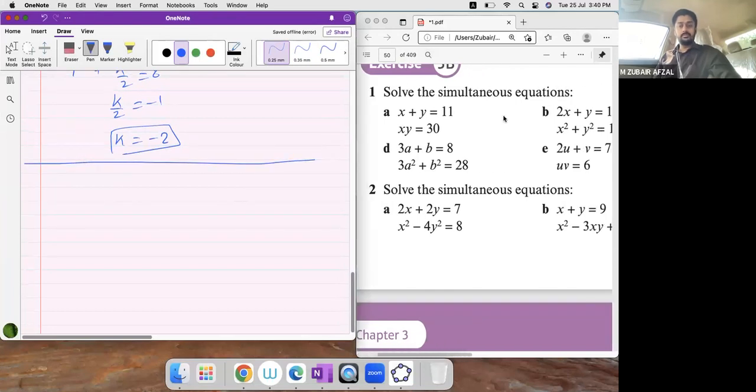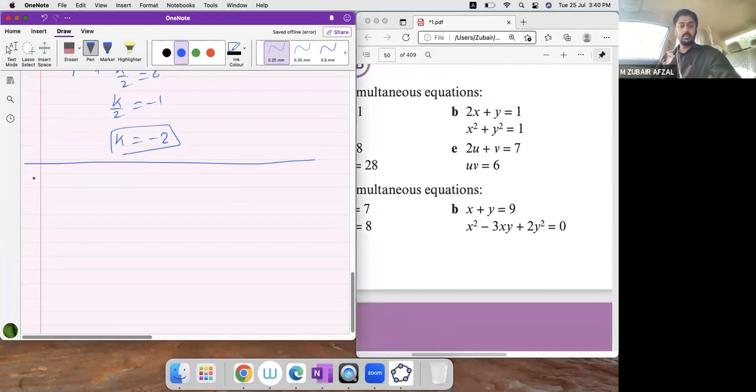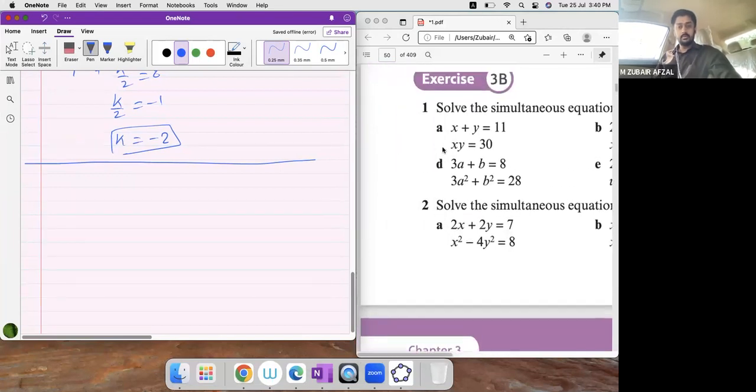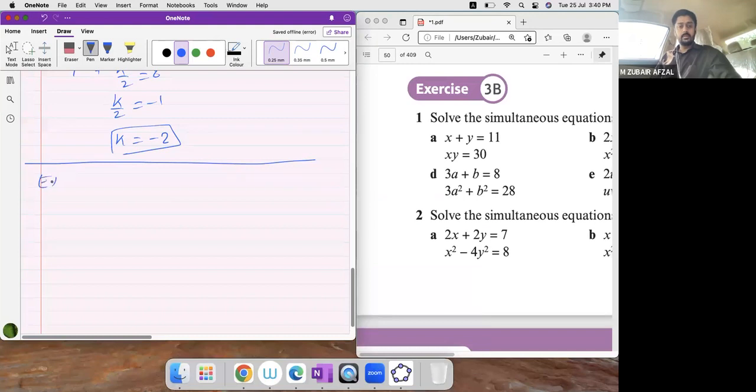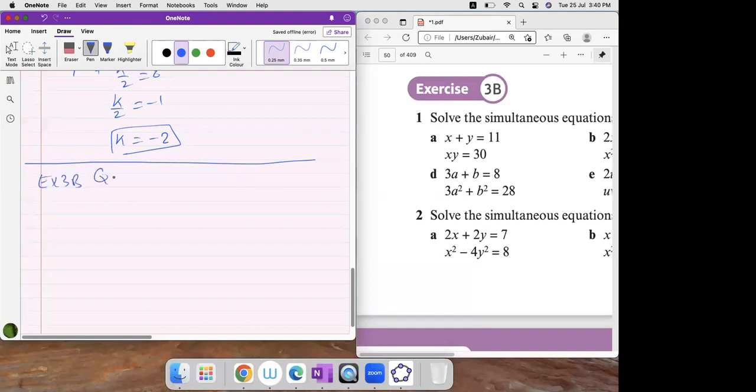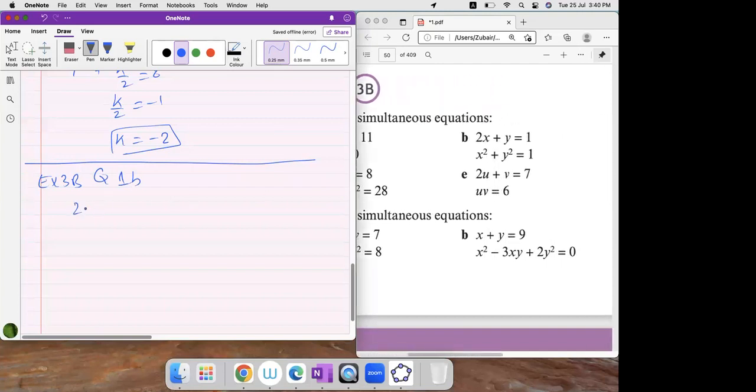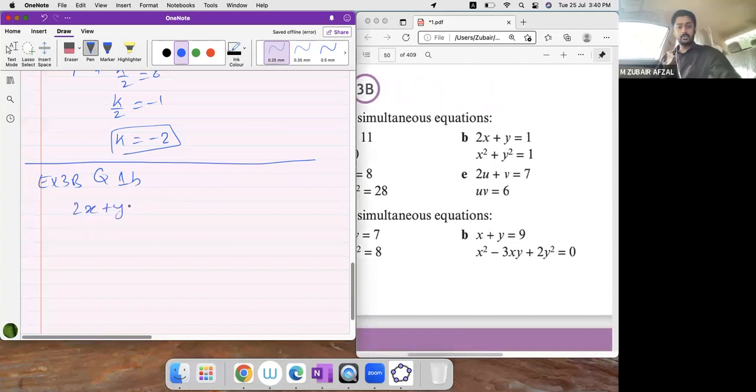Let's see. It is 2x plus y equals 1. X square plus y square equals 1.